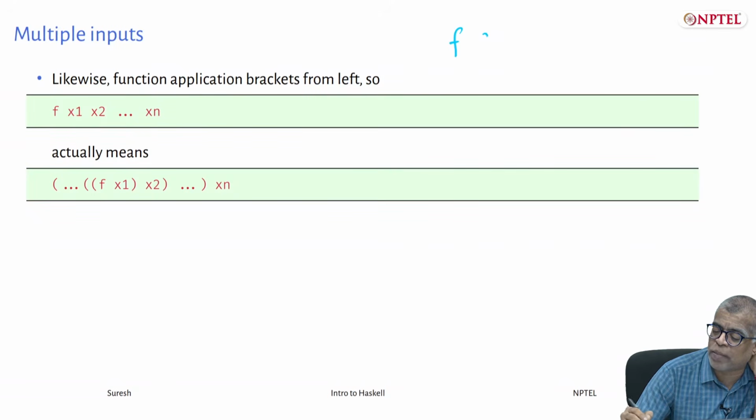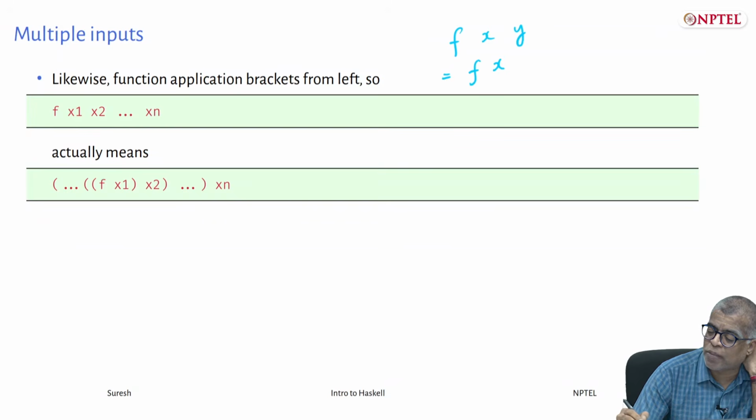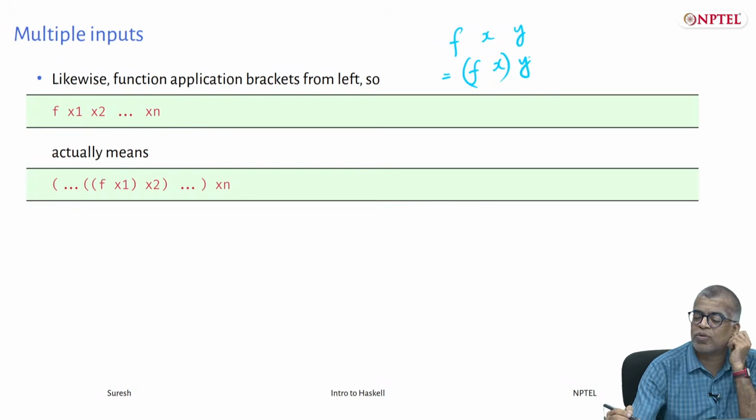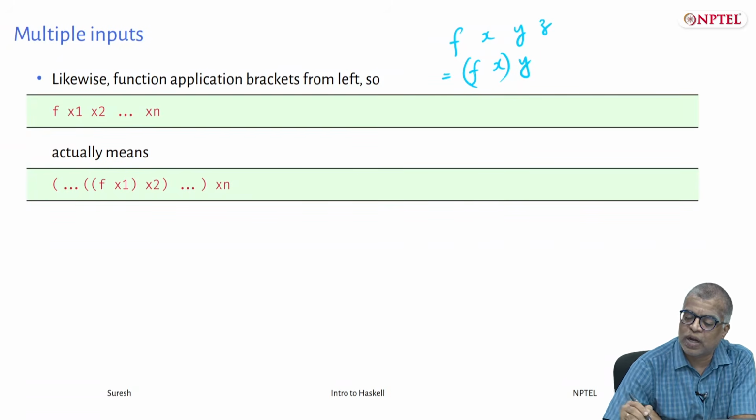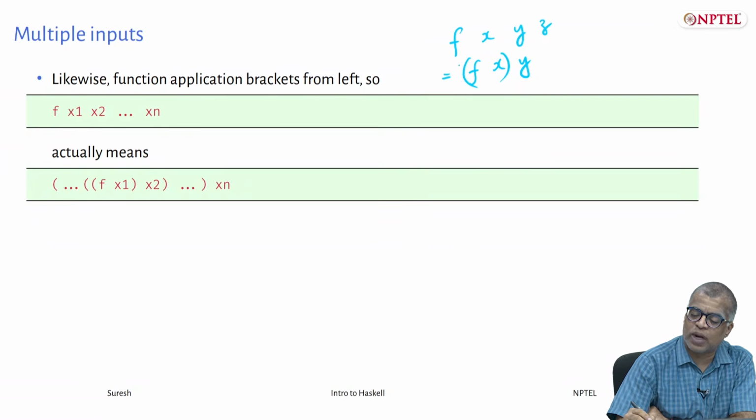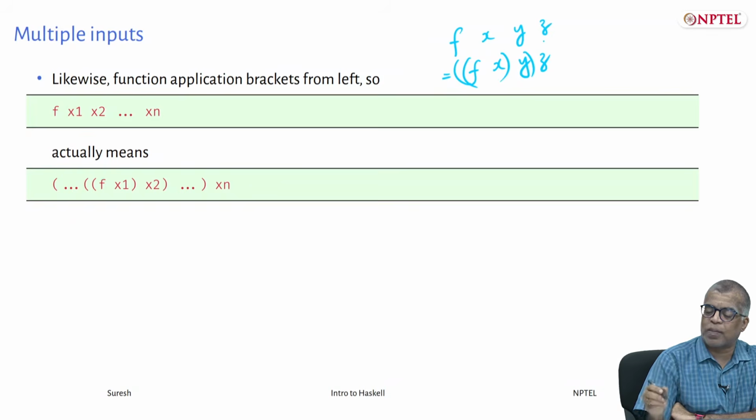So all you need to remember is f x y is just shorthand for f applied to x, which will produce a function, and that function being applied to y. Okay, and if it were f x y z, then f applied to x, which will produce a function that is applied to y, which will produce another function, which is applied to z.